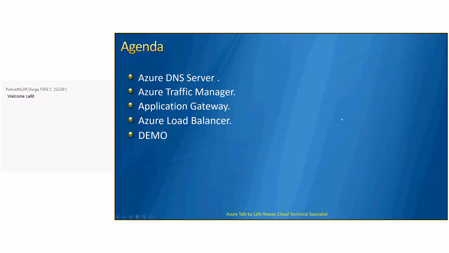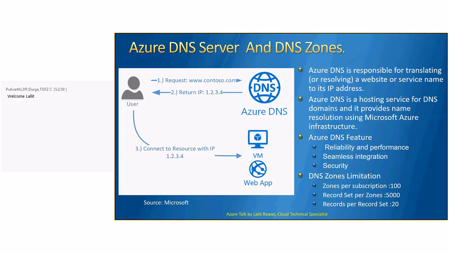I'll just start the session here, and we'll talk about the differences between Azure DNS and on-prem DNS, how we'll configure it, and what the possibilities, benefits, or limitations would be.